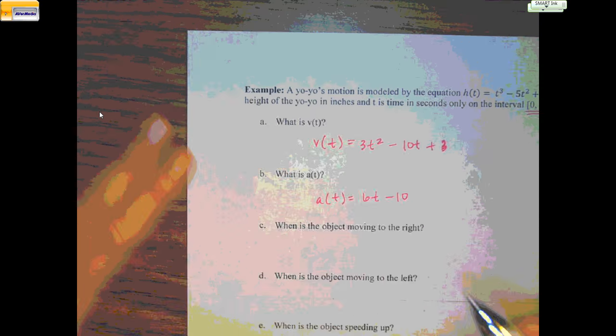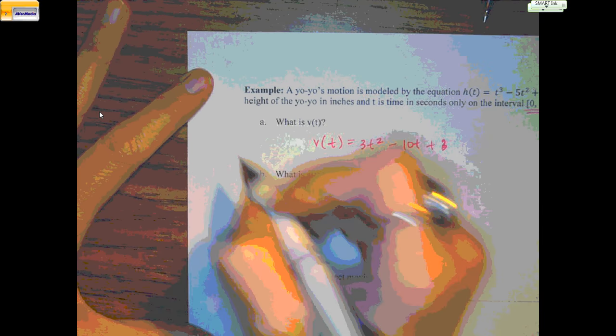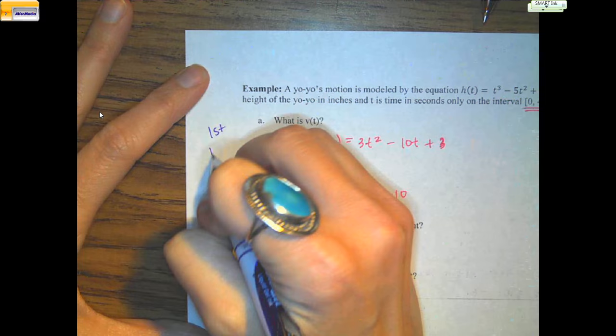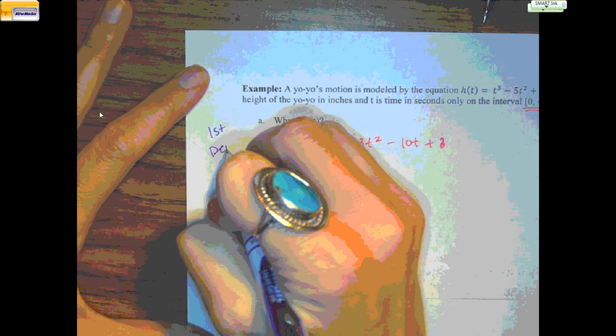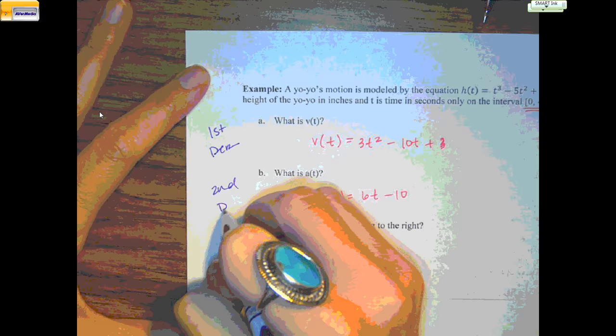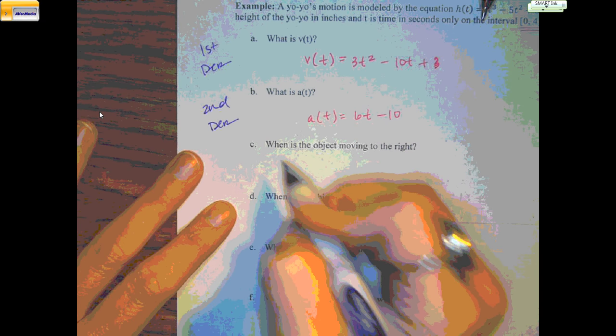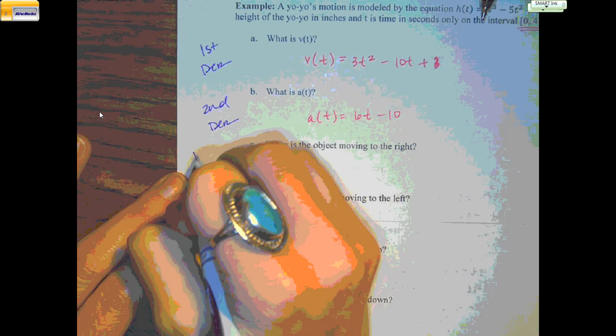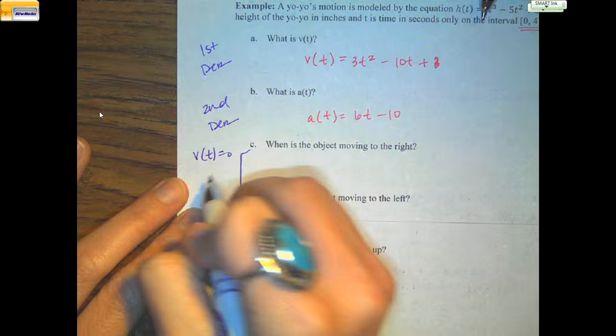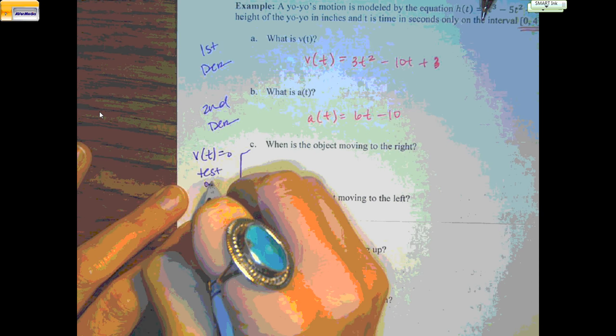And because this is my notes, maybe I'll make myself some notes so I don't forget tonight. This is first derivative. This is second derivative. And then it says, when is the object moving to the right? When is it moving to the left? I'm going to set v at t equal to 0, and I'm going to test it on a number line.